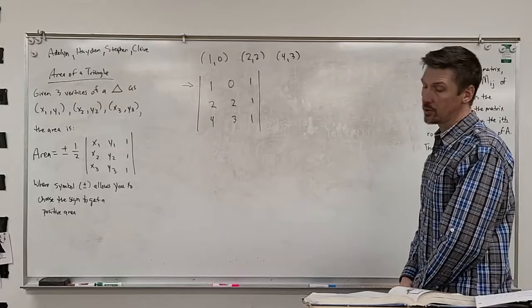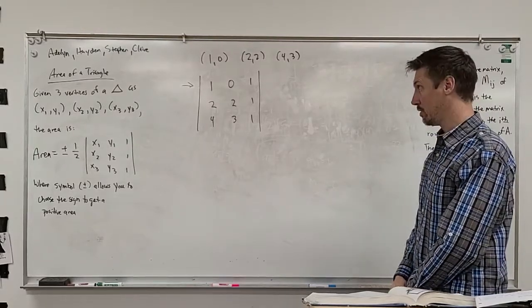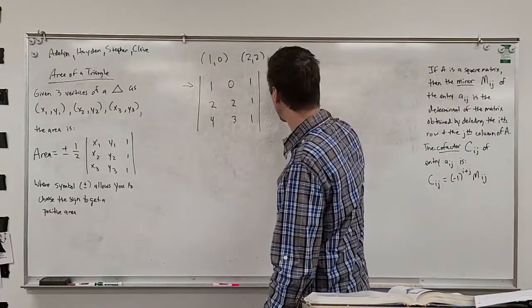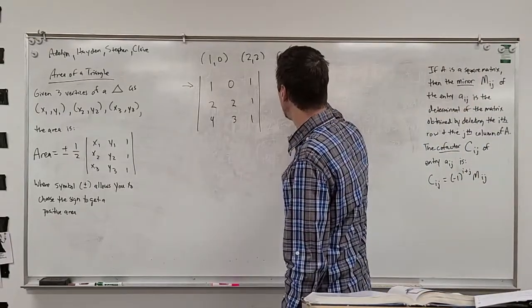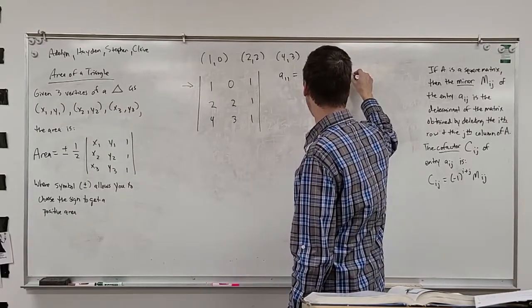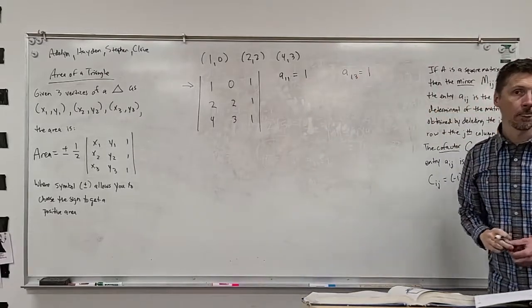And if we found the determinant of that, since we're masters at that now, let's just try this one. Let's give you one more practice on that. So A11 is 1, and we're only interested in A11 and A13, right? Which is also 1. Everybody agree? All right.